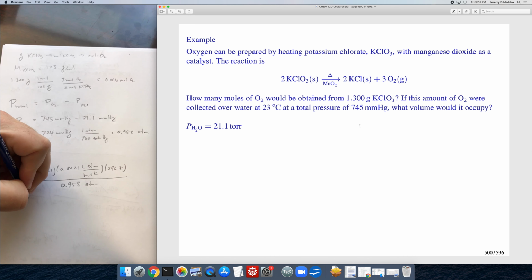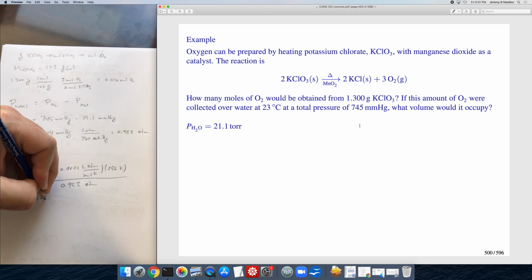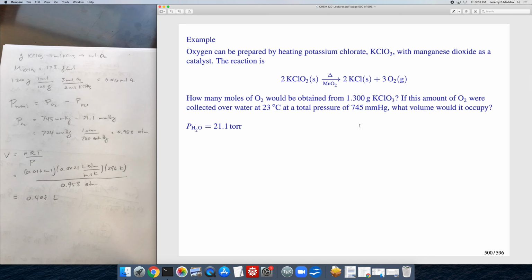And so we would get 0.408 liters for that amount of oxygen under these conditions.